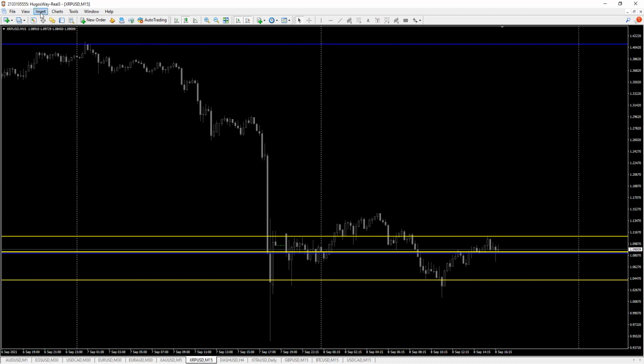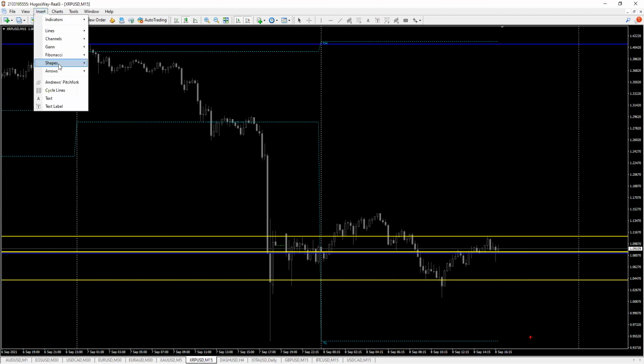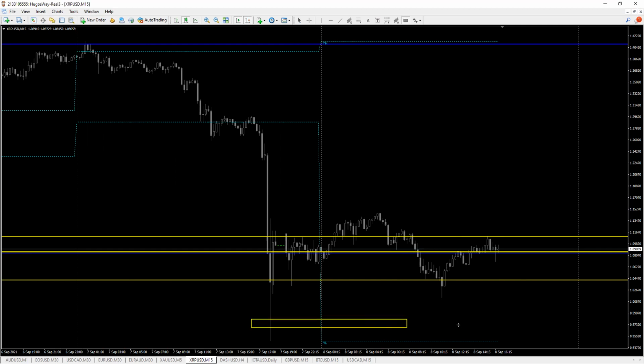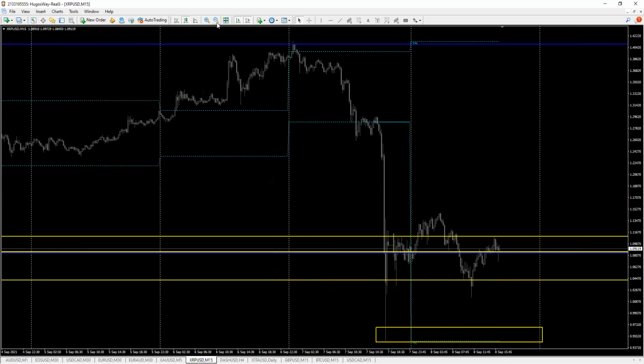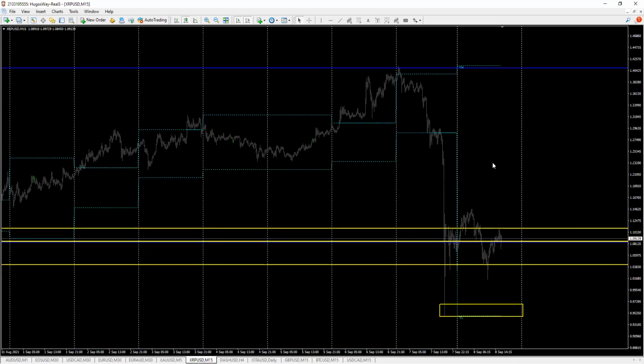Now, if I throw my highs, lows, and days on there, this was yesterday's low. Notice how price didn't even make it back down there. Price didn't make it back down to yesterday's low.